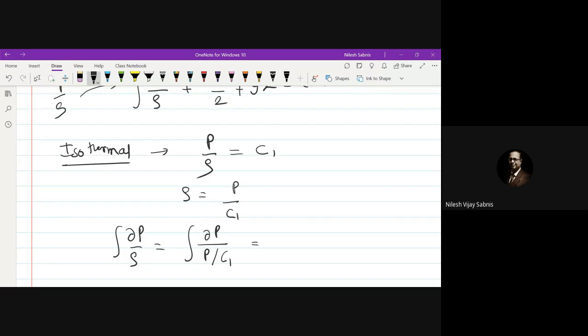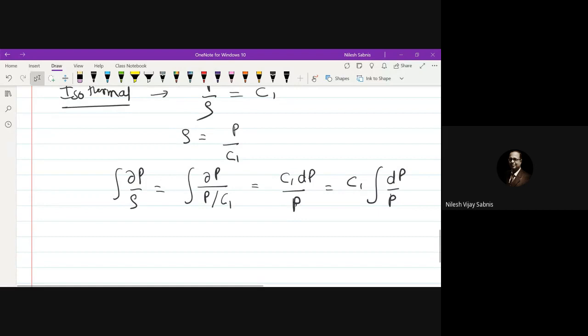So it will be nothing but C1 dP by P, which is equal to C1 integration dP by P. So dP by P, what is the integration? C1 log to the base e P.